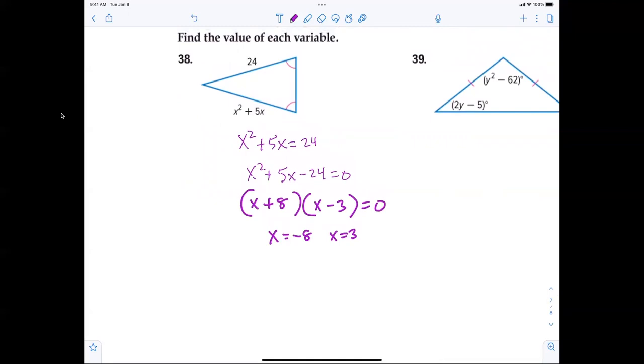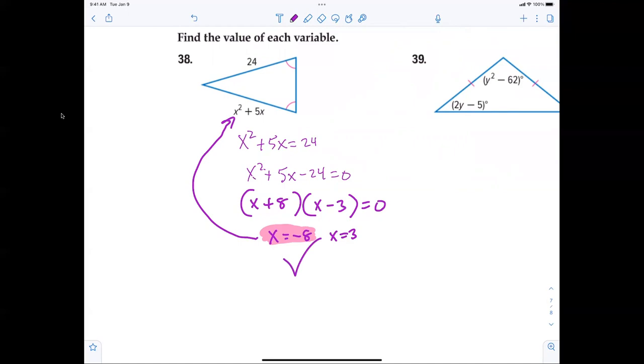All right, now, usually negatives don't work. Does this -8 work? Well, if I plug it in, what's -8 squared? 64. 64 minus 40 is still what? 24. Does everybody agree with me? So the -8, in fact, does work.